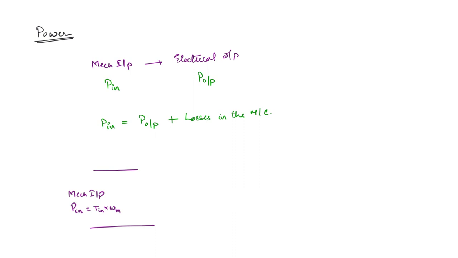Then the first loss we can take to be the friction and windage losses. Next will be the core losses. Further we can take some stray losses as well.